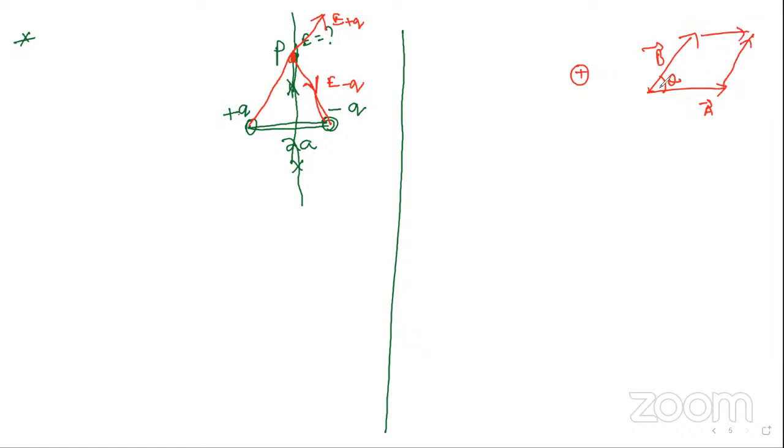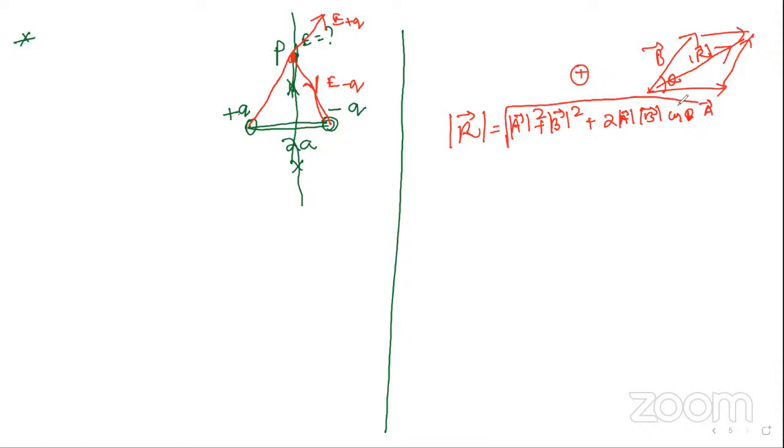We can make a parallelogram. This one will be the resultant. So what will be the resultant? A magnitude square plus B magnitude square plus 2AB magnitude cos theta, all under root. Clear to all of you?